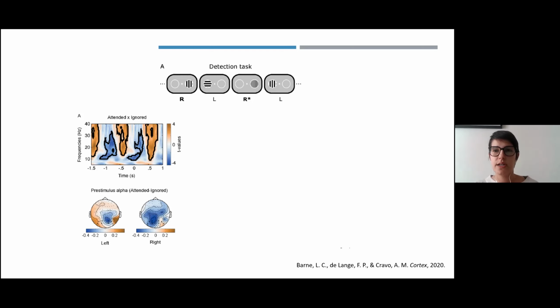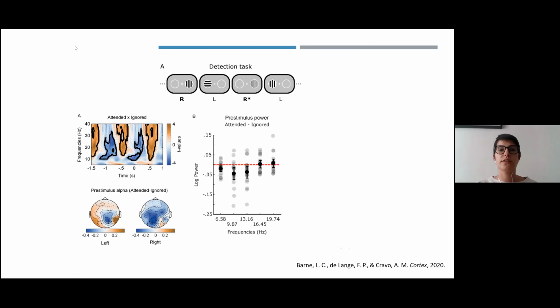So in the next result, I'm just going to focus on a pre-stimulus time window, from 300 milliseconds until 0, and I'm going to estimate the power of those oscillations. And actually, I focus on more than just the alpha band, to make the point that we had the effect only in the alpha band. So that's what we see here.